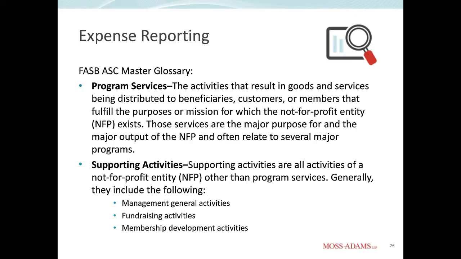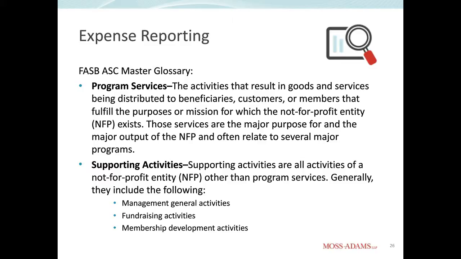You probably will want to do some kind of time study, tracking the time for a period of time, what that person is working on, and then allocating the time over the year based upon that time study. And that will be something that you would want to do every so often to ensure that the allocation is still reasonable.